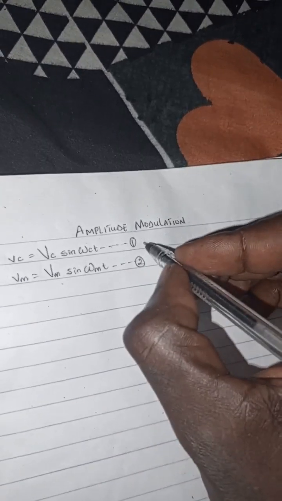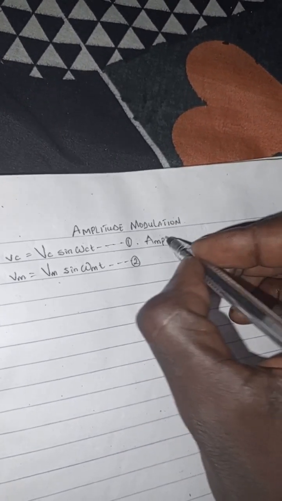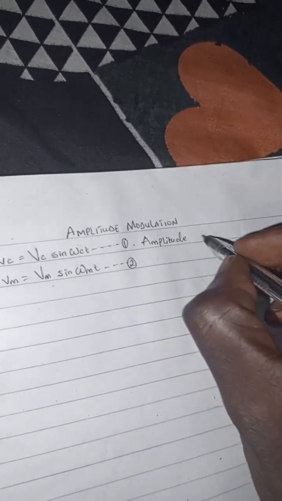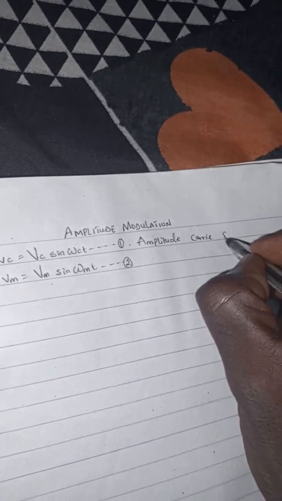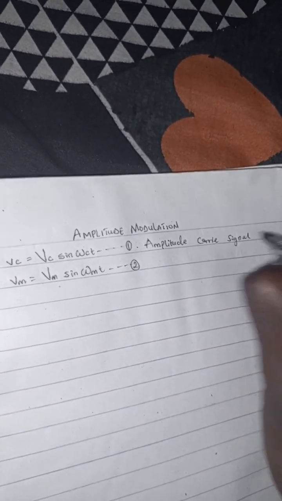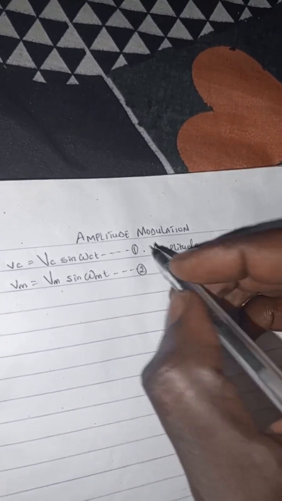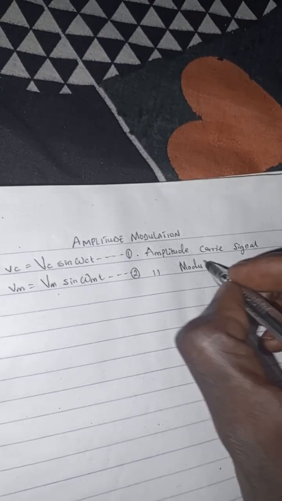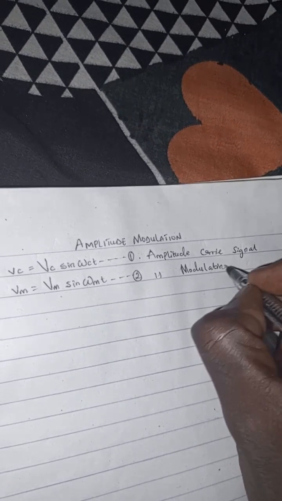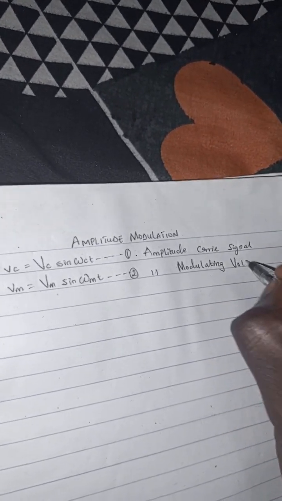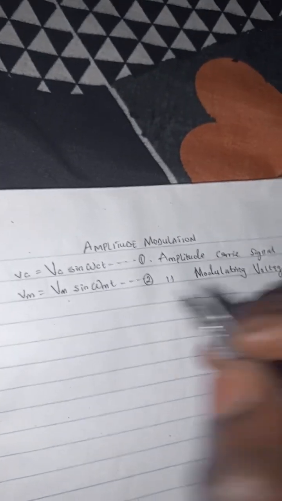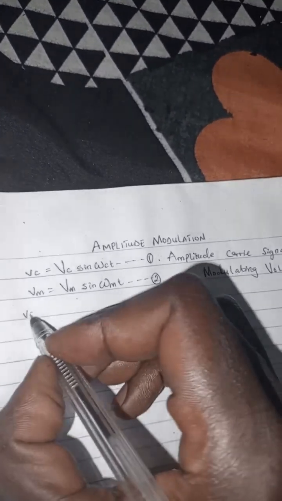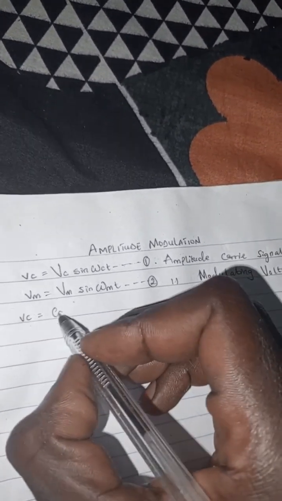We said it's a system of modulation in which the amplitude of the carrier signal, this is the amplitude of the carrier signal, is made proportional to the instantaneous amplitude of the modulating voltage, while this is the amplitude of the modulating voltage. Now let's define each term here. Now the small vc is the carrier voltage.